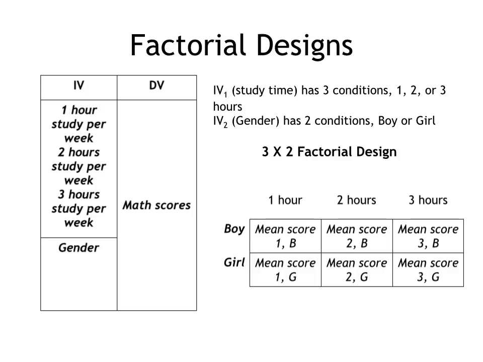And moving to the right again, the mean score for the boys who studied for 3 hours. And then across the bottom, I'm going to do that for the girls, whether they studied 1 hour, 2 hours, or 3. In other words, I'm taking the mean score on the outcome and I'm actually breaking it up into 6 different groups so that I can compare and see if there's an interaction between gender and study time in their math scores.